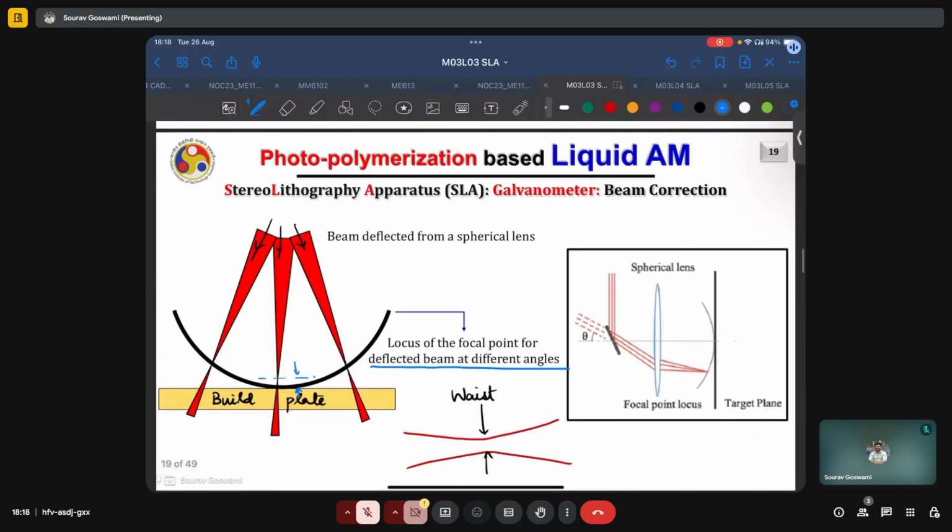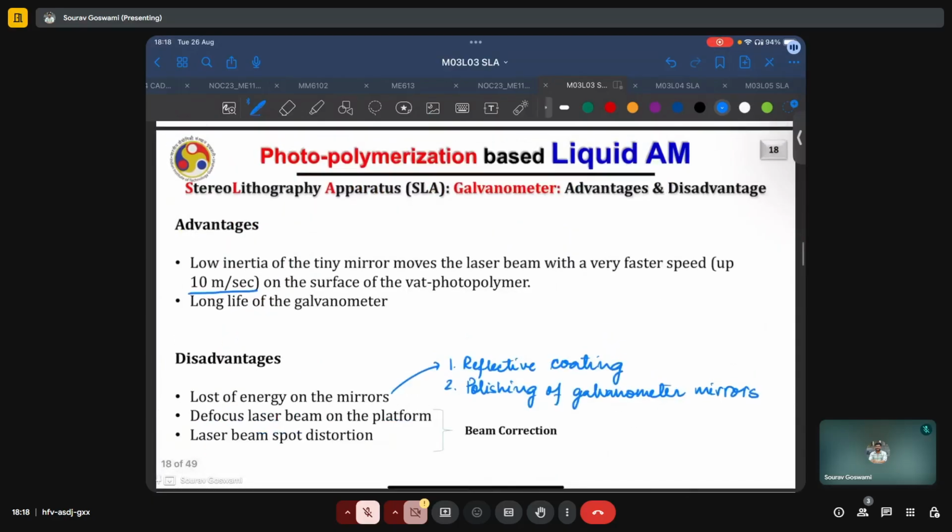But once we move away from the optical axis, the focus no longer falls on the plate, and there's this significant height difference. And this is what has been referred to as defocus of the laser beam.